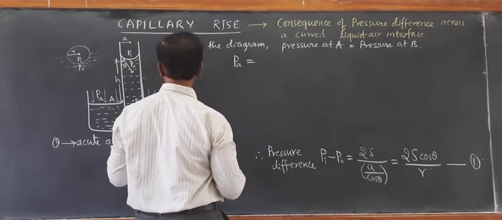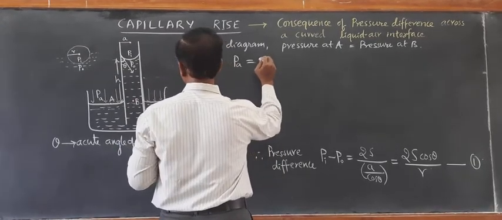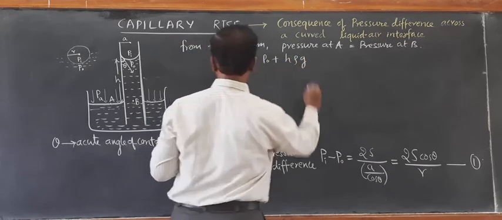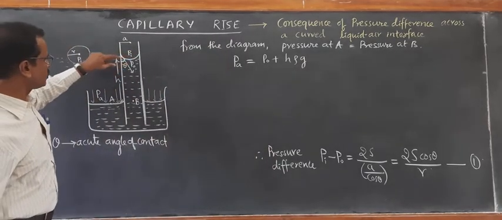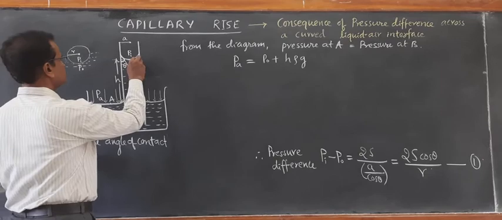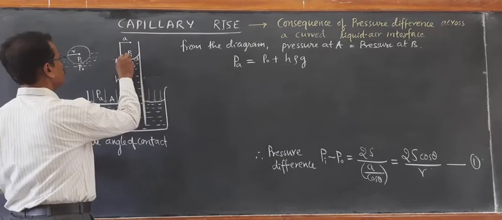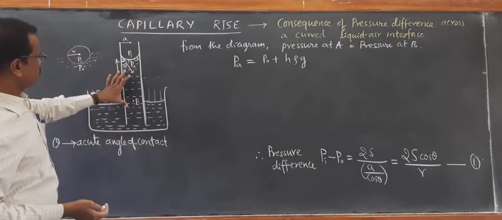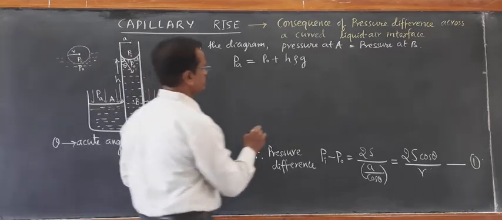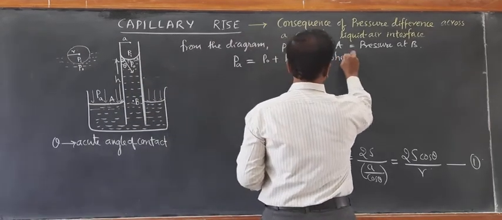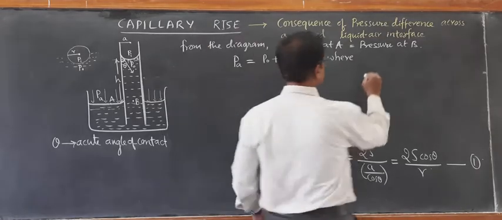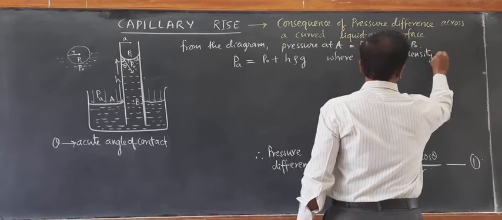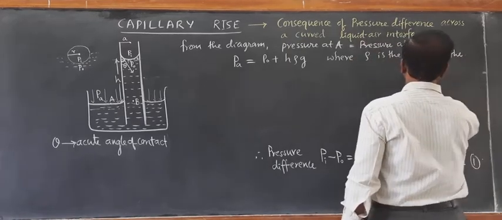Pressure at B is given by P naught plus h rho g, where P naught is the pressure at the concave surface. You see, this is the P naught acting at the concave surface, plus the gauge pressure due to the liquid of height h, where rho is the density of the liquid.